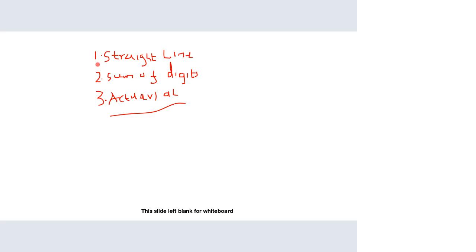So I want us to start by looking at the straight line method. Now, for the straight line method, it is also referred to in some books as equal apportionment.